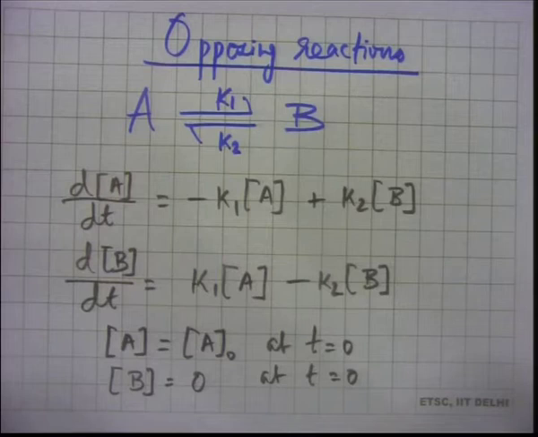And in this particular case, since we are talking about opposing reactions, something interesting will happen that you can probably visualize even now. That after a while we should expect to see some sort of an equilibrium, because A is going to B and B is also going to A. After a while the rates will be such that the concentrations should not change.